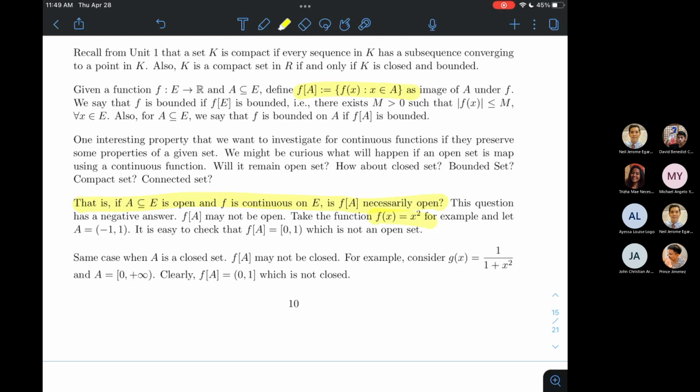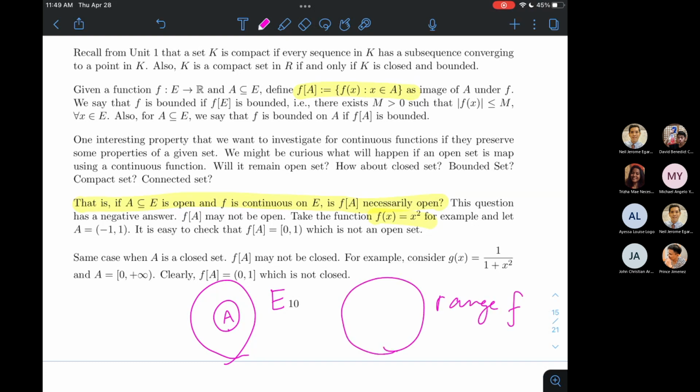Pero yung f bracket A ay image ng isang mas maliit na set ng domain elements. So halimbawa, ito yung domain E natin. Si set A ay ito lamang, so subset siya ni E. Tapos yung range, siya yung set ng lahat ng function values.